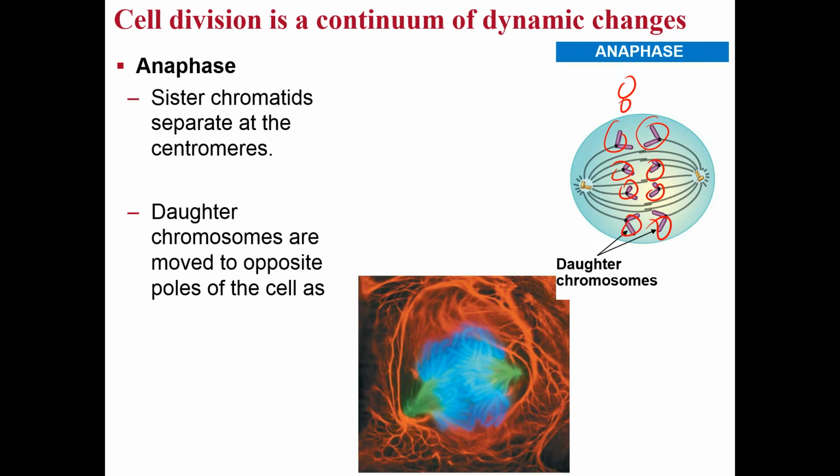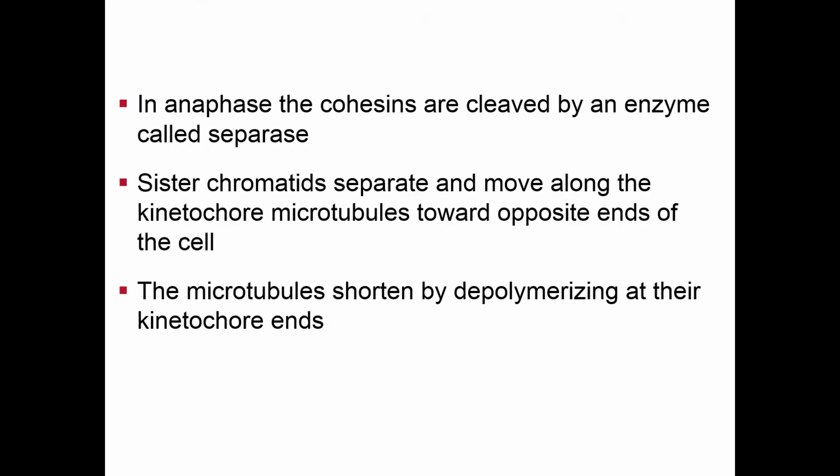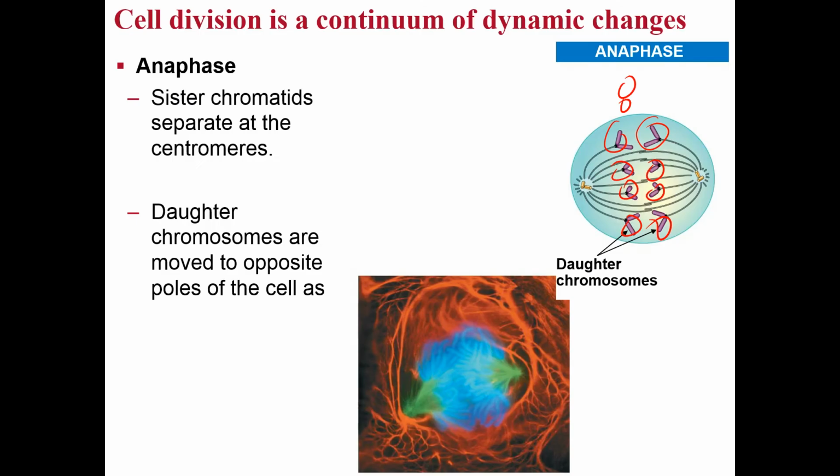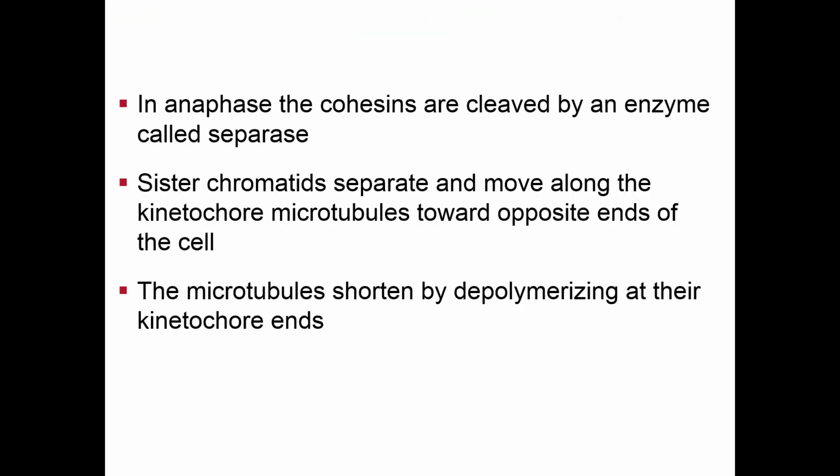And they separate. So during this separation, what's taking place? Well, if you'll recall, if you zero in and look at your individual chromosome, your sister chromatids are held together by your cohesin proteins. These cohesin proteins have to be enzymatically cleaved.